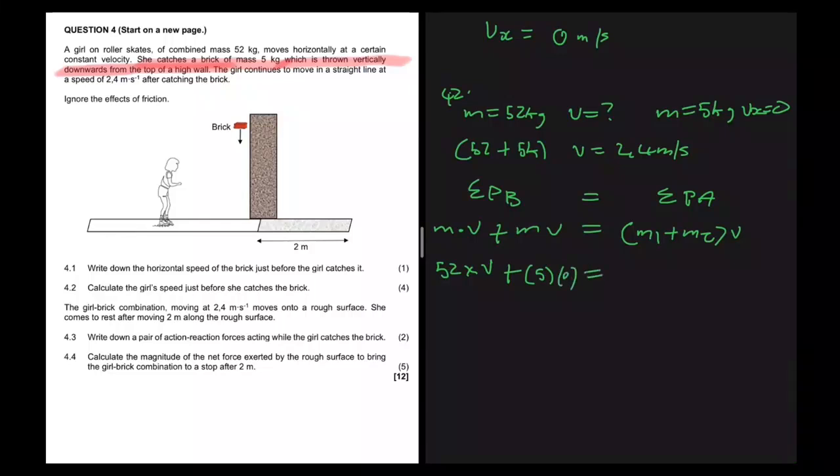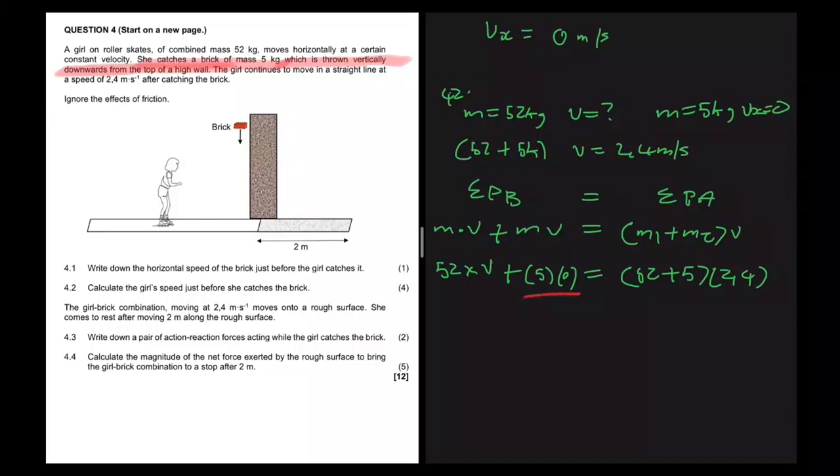This will be equal to the mass of the girl plus the mass of the brick, 52 plus 5, multiplied by the velocity at which they're moving, 2.4. So 5 multiplied by 0 is going to be 0, and we're just left with 52 multiplied by the velocity of the girl before catching the brick.